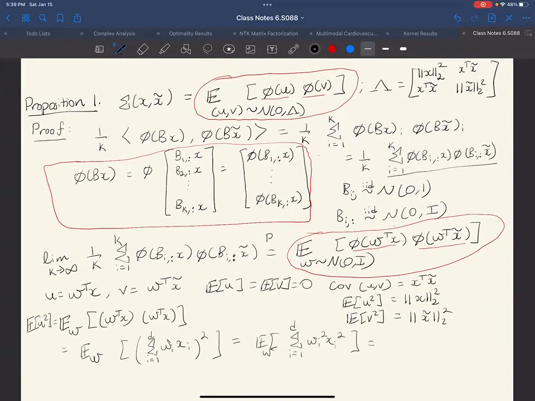So then this sum is exactly the summation i equals 1 to d of x_i squared, which is just the norm of x squared. Okay.